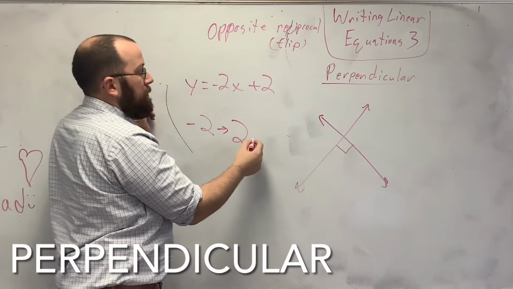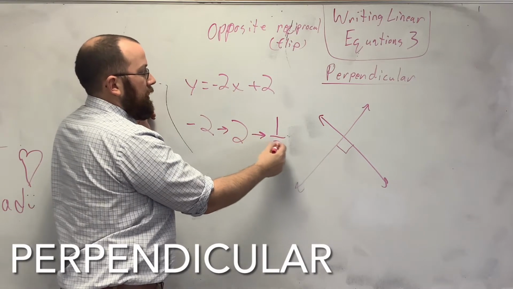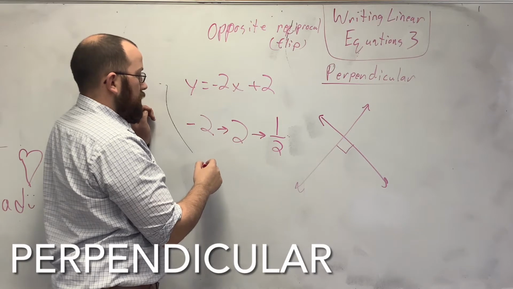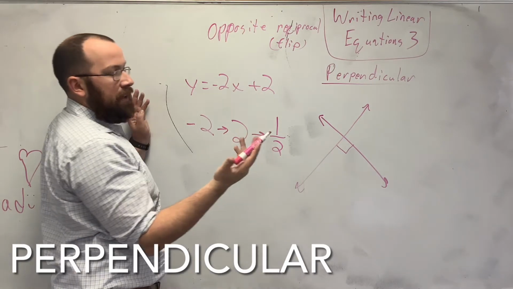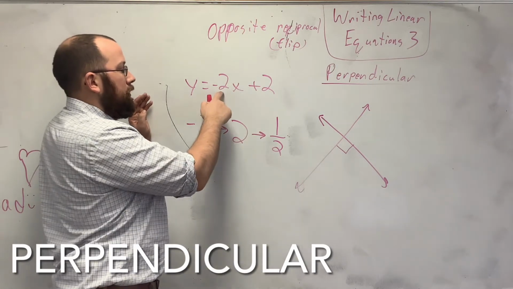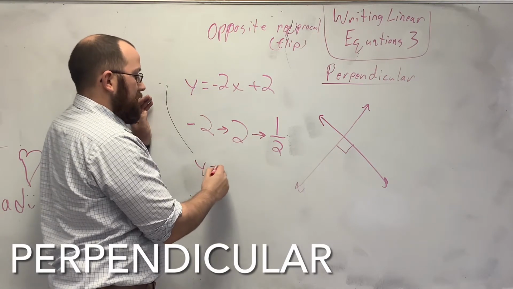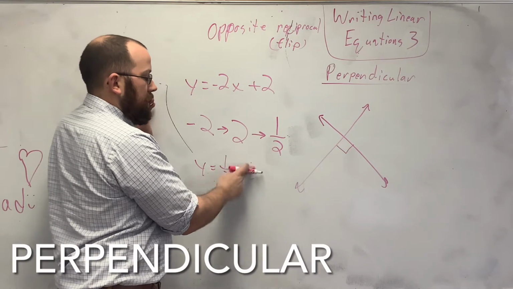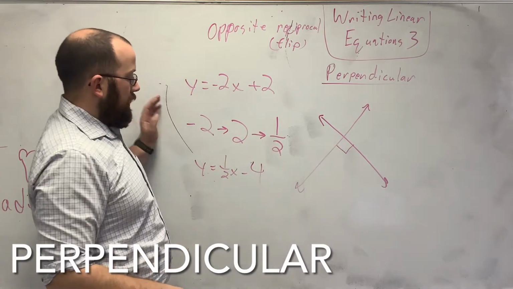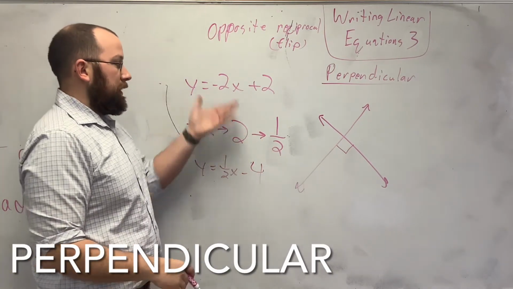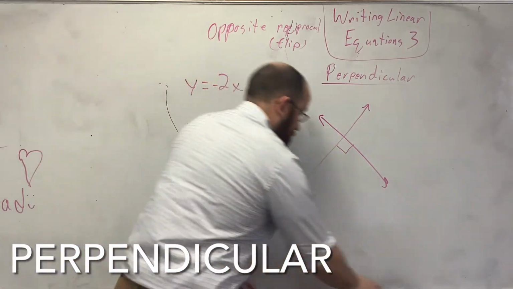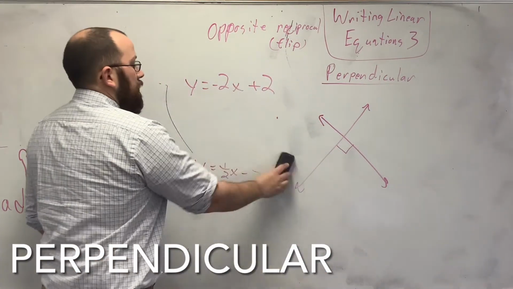Now I take the reciprocal, or I flip it, and it becomes 1/2. So an example of a perpendicular equation to this would be y equals 1/2 x minus 2, or minus 4. All right? These two are perpendicular. I go opposite and then reciprocal.